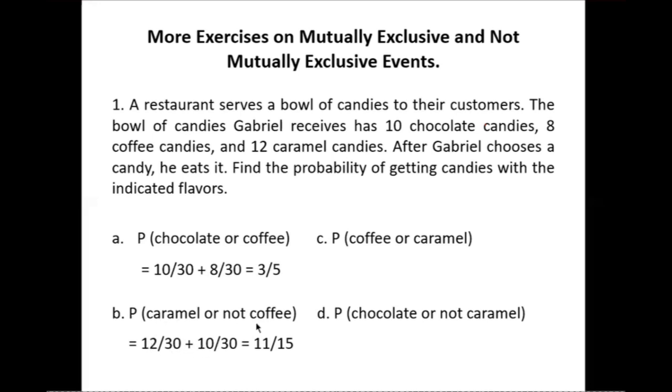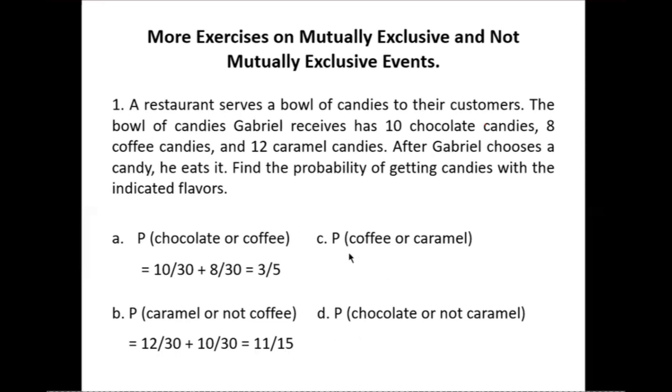At not coffee, ibig sabihin, pwedeng chocolate at not coffee. So, kung not coffee, chocolate yan, di ba? Chocolate, kasi may caramel na eh. So, 10 over 30. So, therefore, 12 over 30 plus 10 over 30, that's 11 over 15.